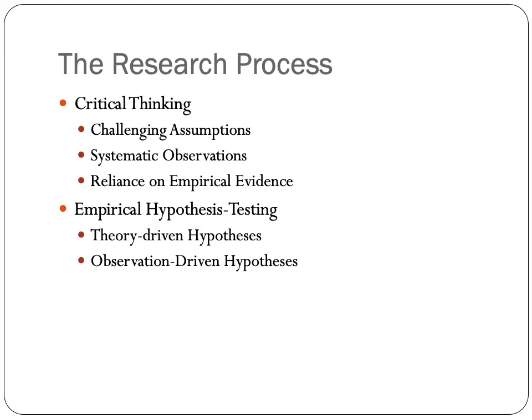It can make systematic observations, and there is this reliance on empirical evidence still within this category. Then there's empirical hypothesis testing, and this is a very theory-driven hypothesis with observation-driven hypotheses, right? We have very clear theories or observations that are informing the research process as opposed to just kind of conceptually thinking about the process in the critical thinking category.